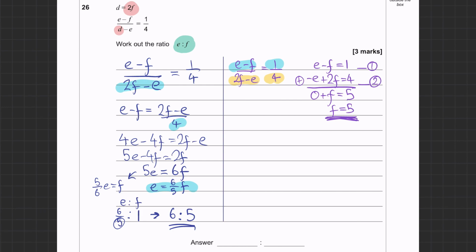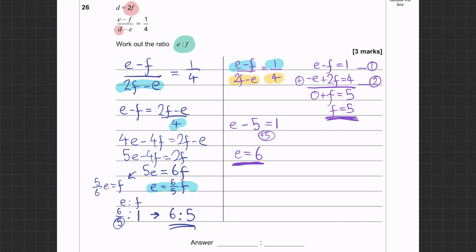And all we have to do now is input f equals 5 back into one of these two equations. Well, I'm going to use the first one because it looks nicer. So I'm going to say e minus f, which is 5, equals 1. Add 5 to both sides. So we'll have e equals 6. And we now have the value of e.